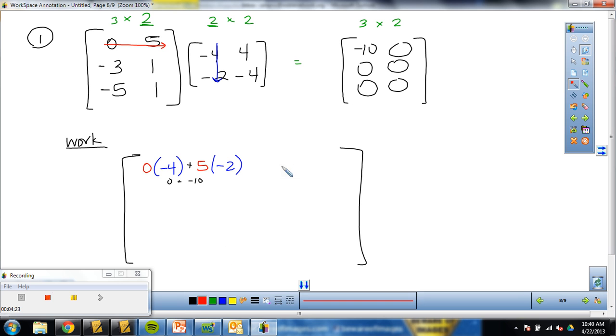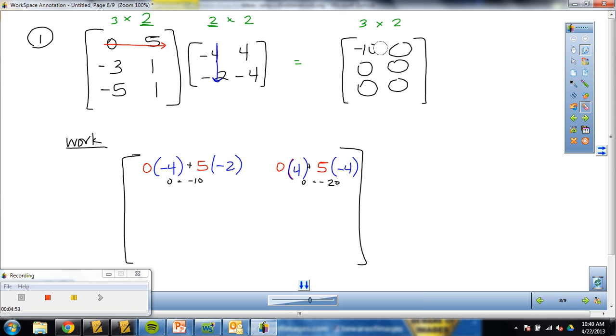So again, we have 0 times, and here we're starting with the first term in column 2, 4, plus, we move over along the row, 5, and then we move down along the column, -4. 0 times 4 is 0, 5 times -4 is -20.